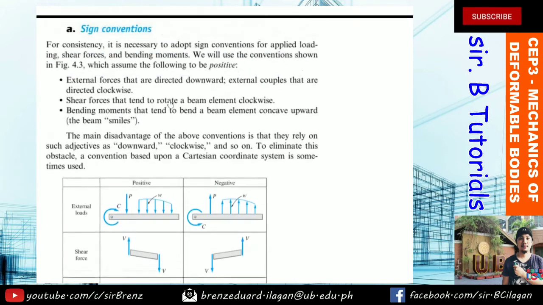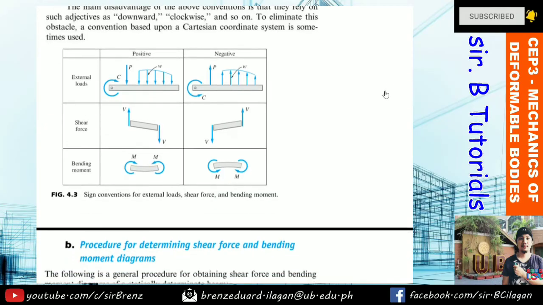So, the main disadvantage of the above convention is that it relies on such adjectives as downward, clockwise, and so on. To eliminate this obstacle, a convention based upon our Cartesian coordinate system is sometimes used. Using this diagram, based on the external loads, it can be considered positive if, first, your couple moment is clockwise.